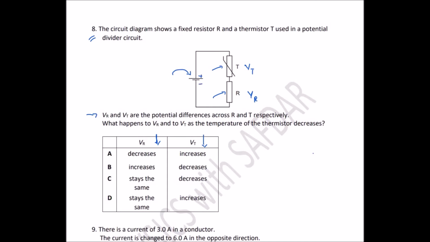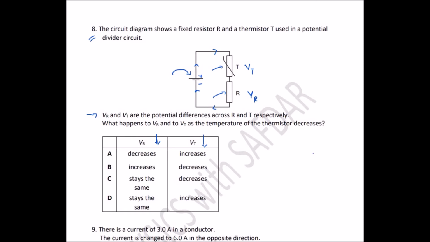This is plus and minus. We always flow the conventional current from positive to negative terminal of the supply like this. The current enters thermistor, then fixed resistor, then returns to the power supply. Since current is undivided, or current is flowing in a single path, that's why components are called in series circuit.